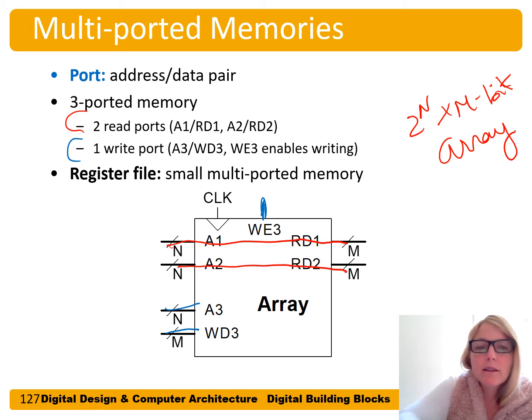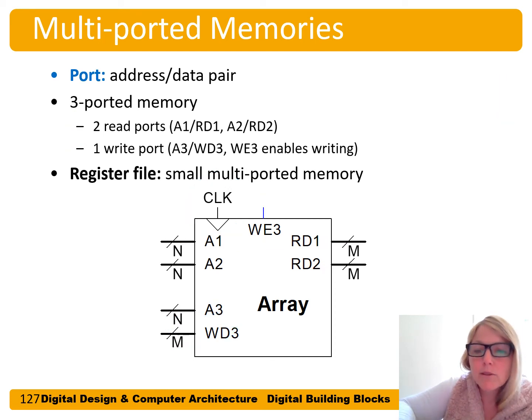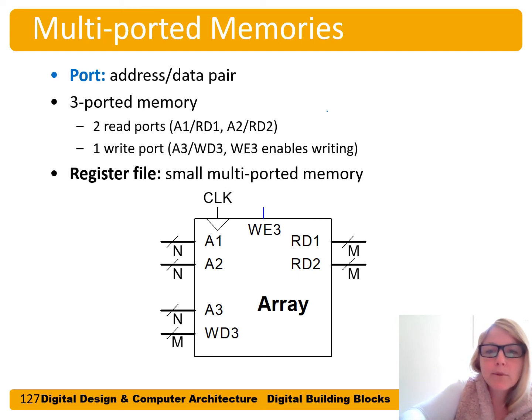This small memory will be written when write enable 3 is 1 and we get a clock edge. We'll write whatever address is indicated by address 3, and it will write the data value on WD3. We'll use these multi-ported memories to implement register files in Chapter 7 for storing a bunch of values and then accessing them through both reading and writing.